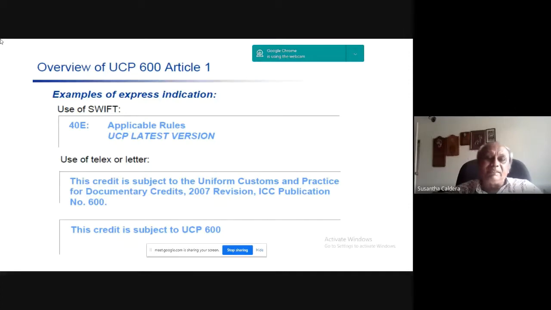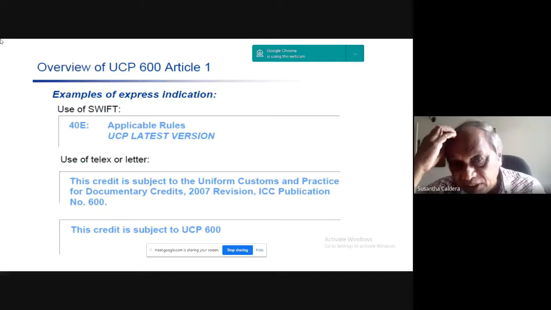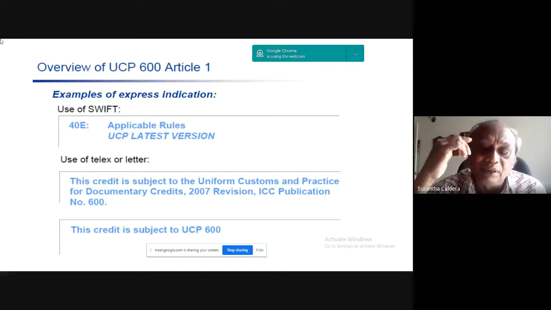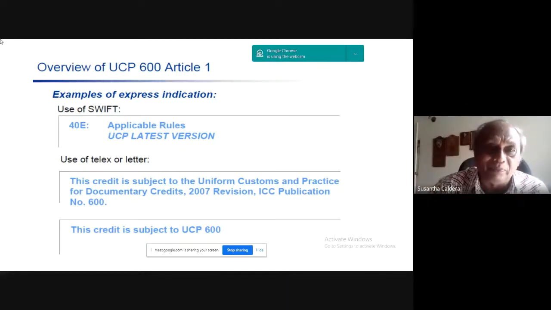But most of the banks, when we open SWIFT under MT 700, under 40E, it is the default applicable rules, UCP latest version, UCP 600, right? You have to mention that.